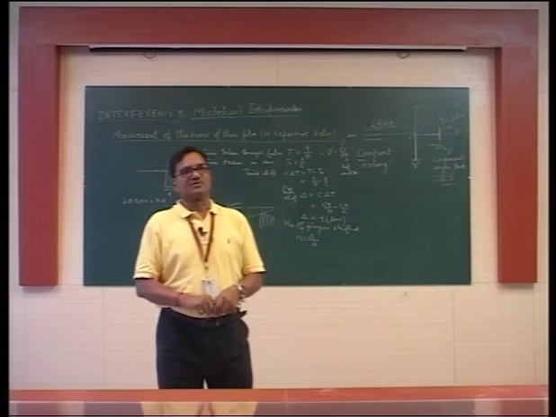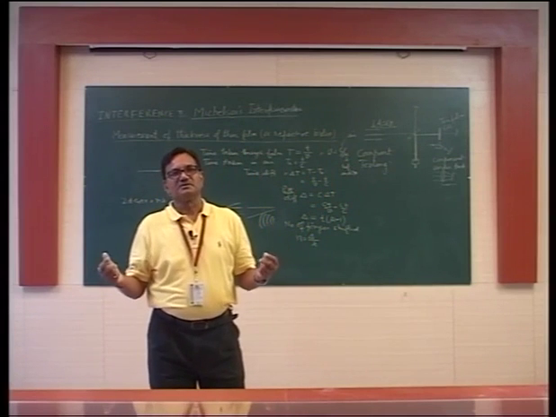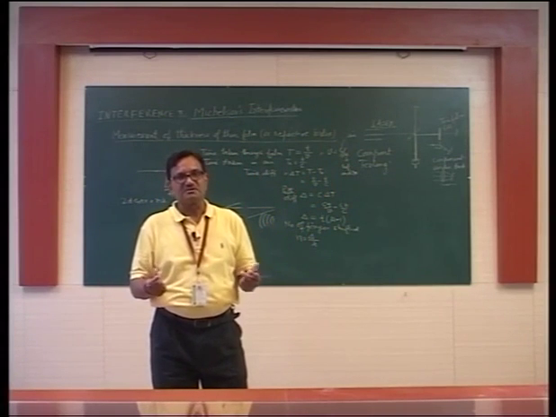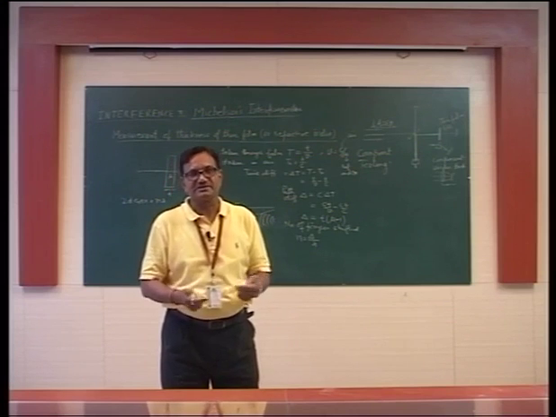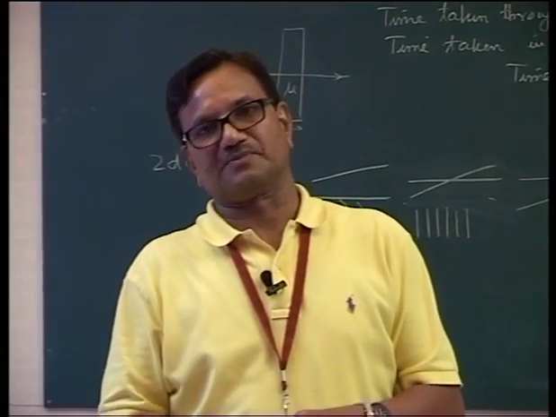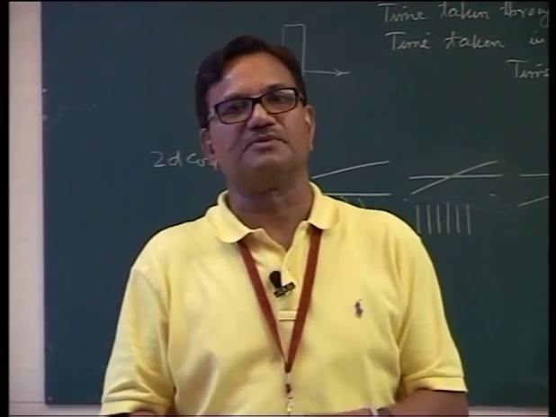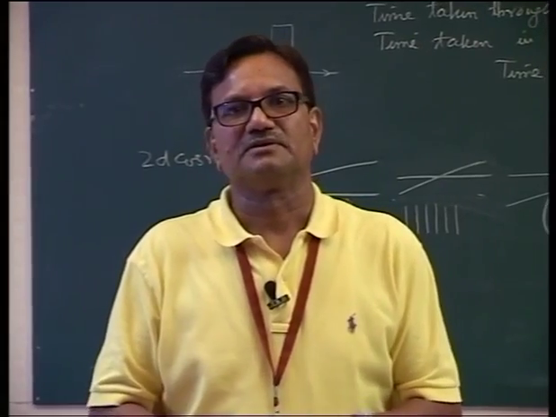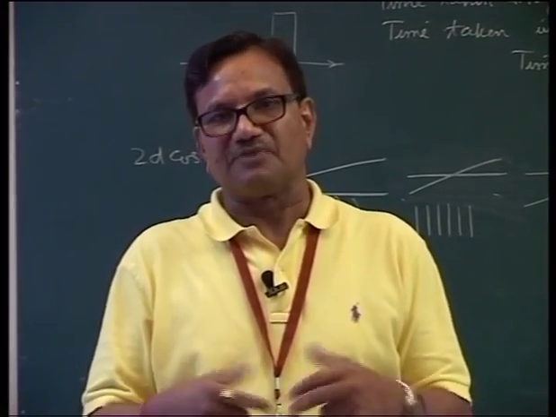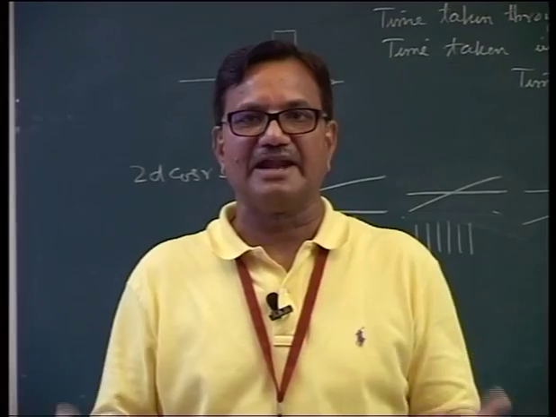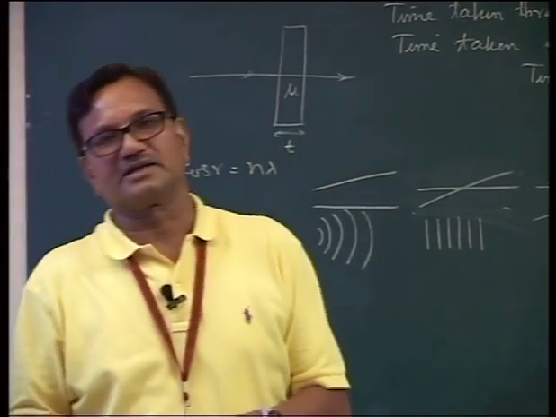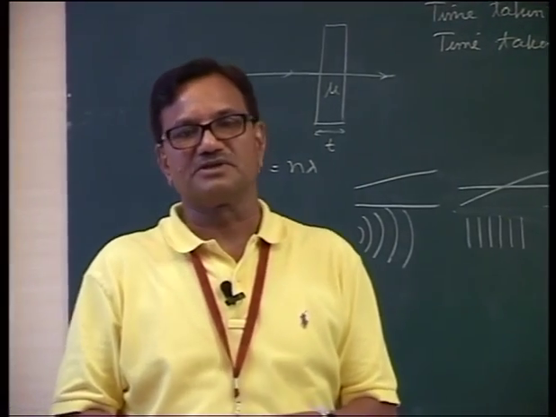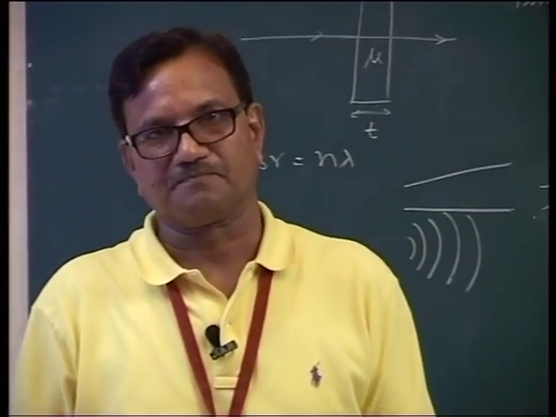And from the shift in the fringes, say the shift is Δx, the corresponding path difference will be 2Δx, then 2Δx divided by λ will give me n, the number of fringes shifted, and from that I can calculate the refractive index or the thickness of the film.